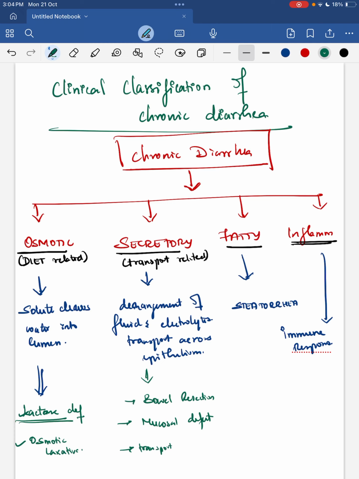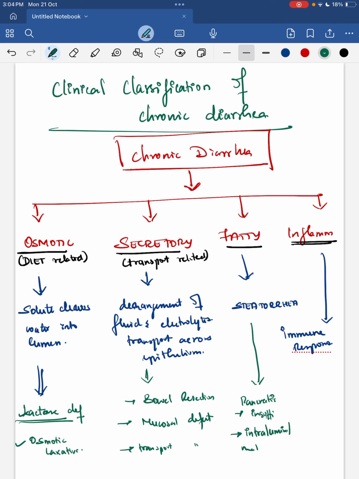Second, it can be due to intraluminal malabsorption, particularly of fatty substances. Next, in immune response, it is inflammatory bowel disease, that is Crohn's disease and ulcerative colitis, right?